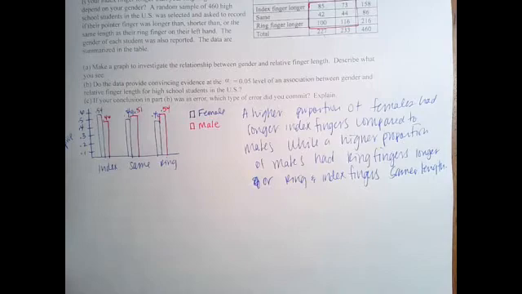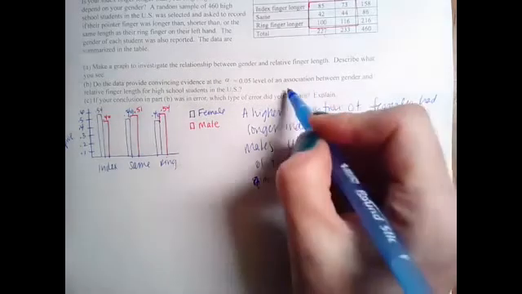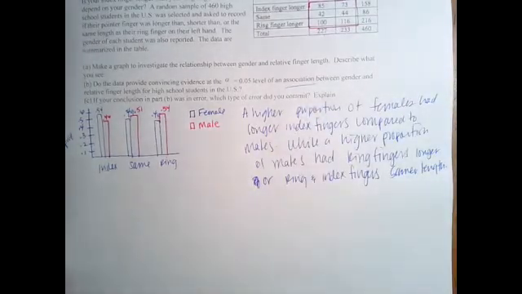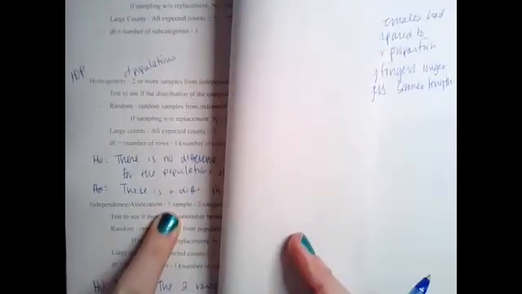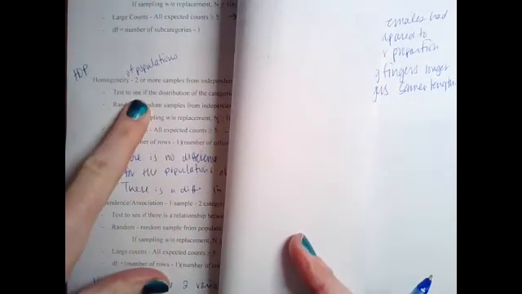Do the data provide convincing evidence, at an alpha equals 0.05 level, of an association between gender and relative finger length for high school students in the US? Even though it says association, we want to be careful and check how the data was gathered. Is it a single sample or multiple samples?